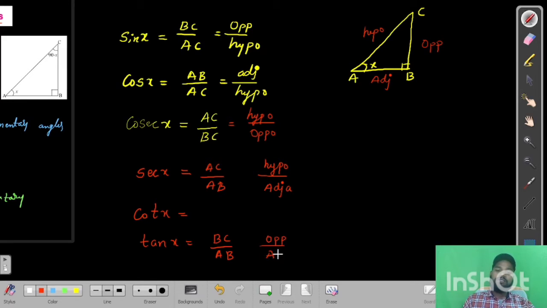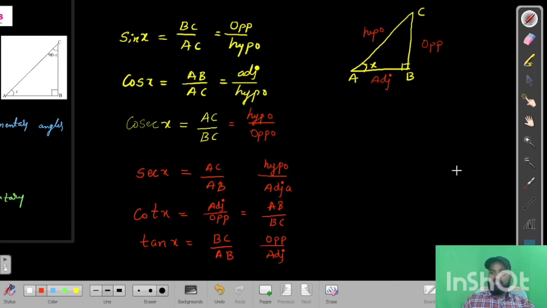Then what is cot x? Cot x is the reverse of tan x, that is nothing but adjacent by opposite. Adjacent is AB, opposite is BC. Am I clear? So these are the things we find with respect to angle x.